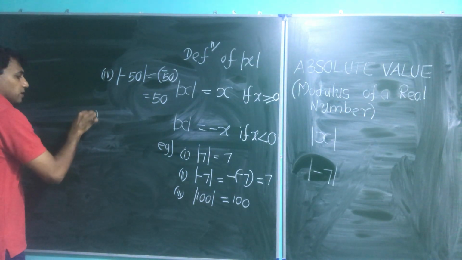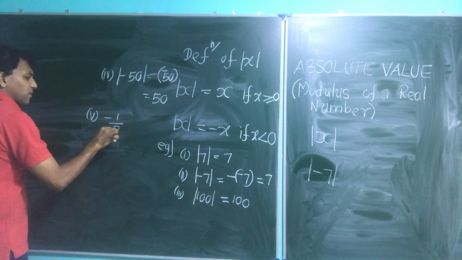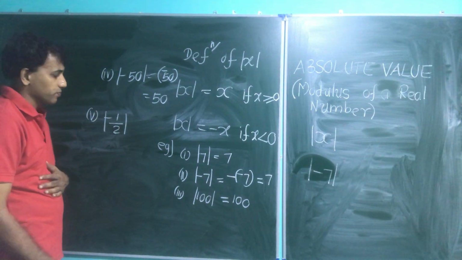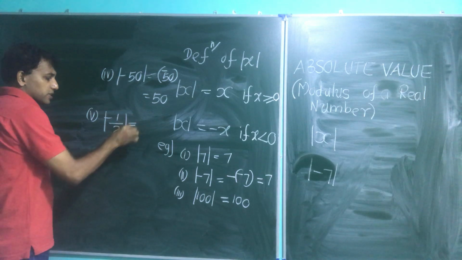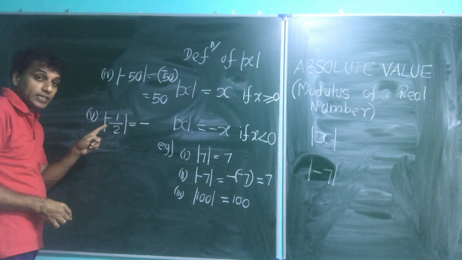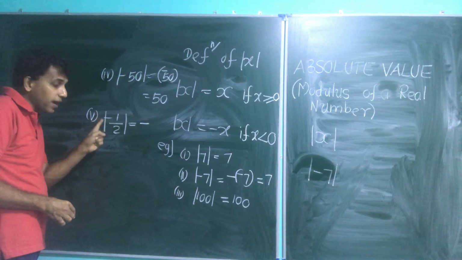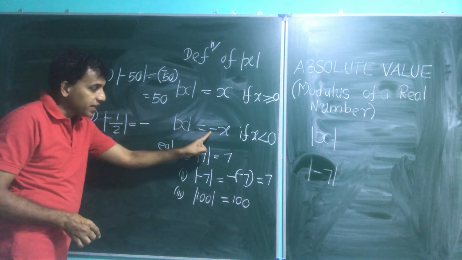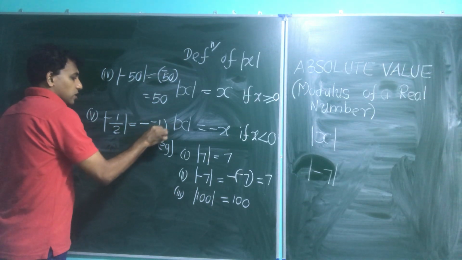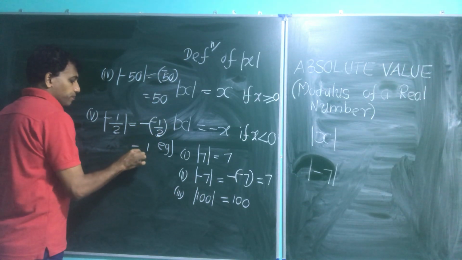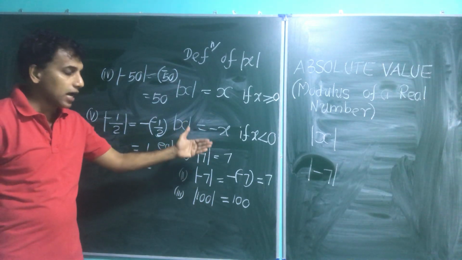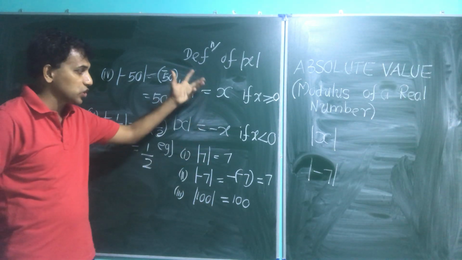Another example, whatever number, can be a fraction, decimal, or integer. Here we write a minus because inside is minus. Here x is minus half, so minus x, with x being minus half, gives plus half. So this is very clear according to the definition.